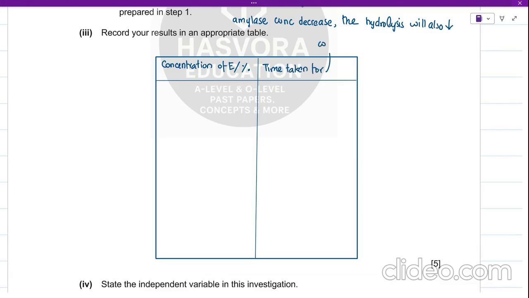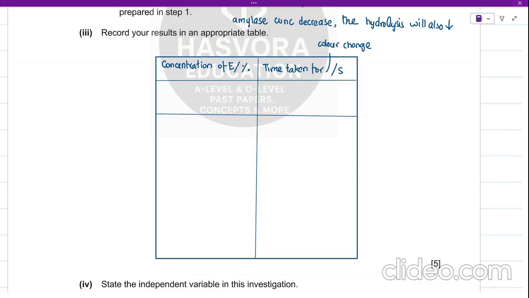I'm not writing the full form because there is less space here. Its unit will be seconds. Now we have 5 readings: 2, 1.6, 1.2, 0.8, 0.4.